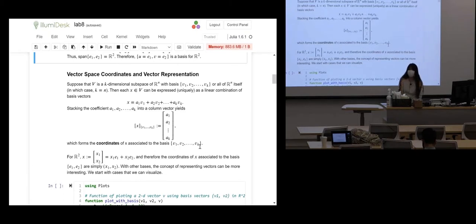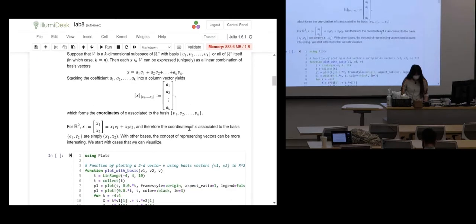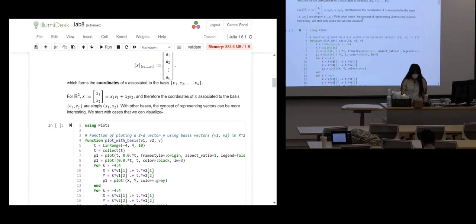So the coordinates are only defined when you have a defined basis. In the same example above, for X equals X1 and X2, the coordinates are just X1 and X2. But it's a special case. If the basis is not the natural basis, it will not be just X1 and X2.